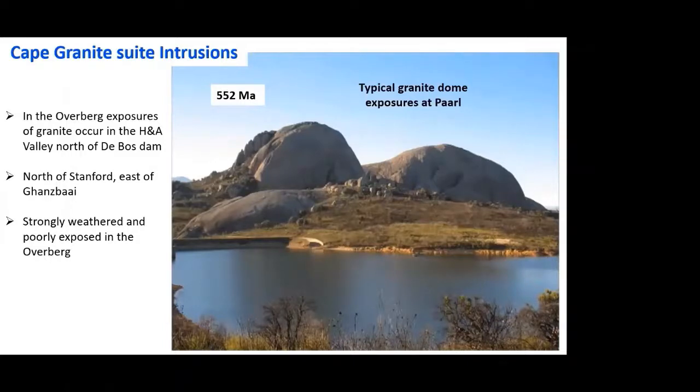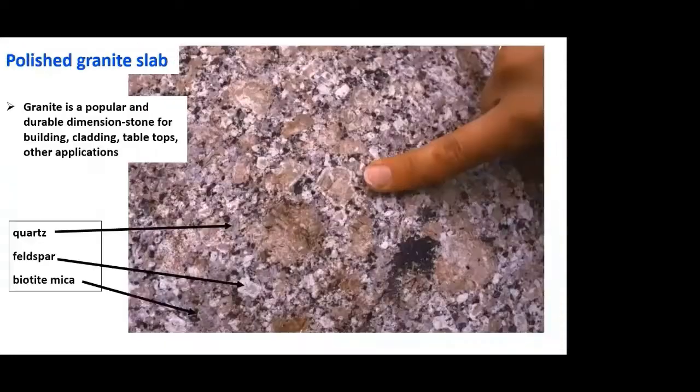It would be wonderful if we had some of that around here, but we don't. And for interest, granites do make a very, very stable and good kitchen counter. And these are the minerals typical of it: the quartz, feldspar, and the dark mica, biotite mica.